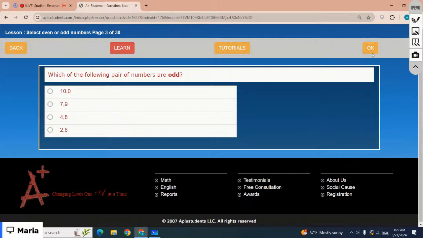Which of the following pair of numbers are odd? So which is the correct option? Like both the numbers must be odd. So which is the correct option?